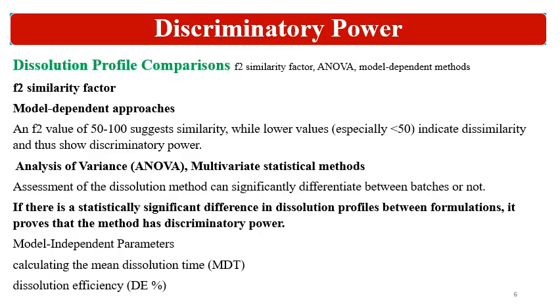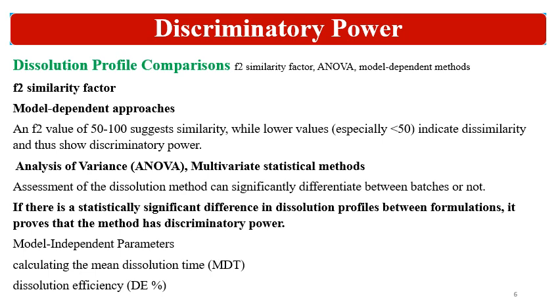Then coming to the dissolution profile comparisons, F1 F2 comparison can be done using the batches manufactured with the target parameters and target composition, and compare it with the mismanufactured batches. Analysis of variance, ANOVA, and multivariate statistical methods are there to assess whether the dissolution method can significantly differentiate between the batches or not.